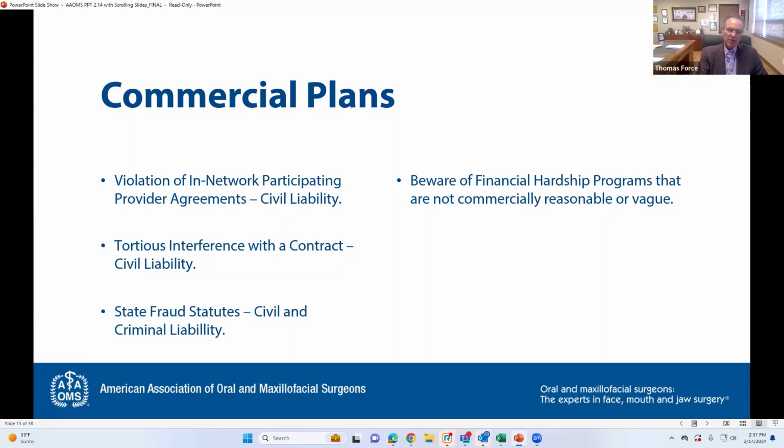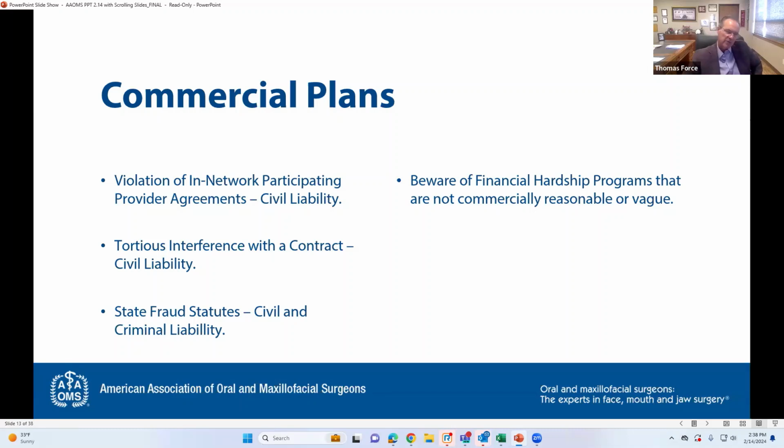So what do commercial plans do when they sue for fee forgiveness? They allege violation of the in-network participating provider agreement. That's breach of contract. Civil liability attaches to the provider. If you're out of network, they frequently allege tortious interference with a contract. Aetna has a contract with its members.